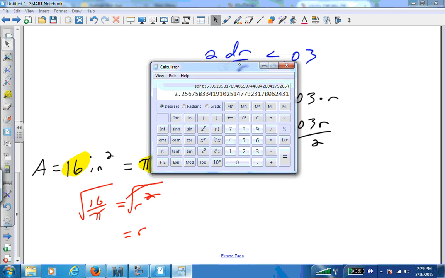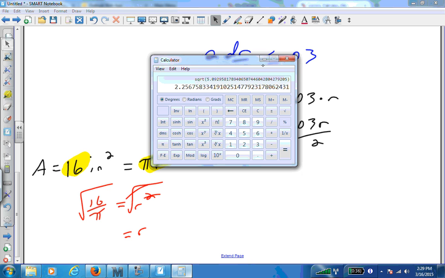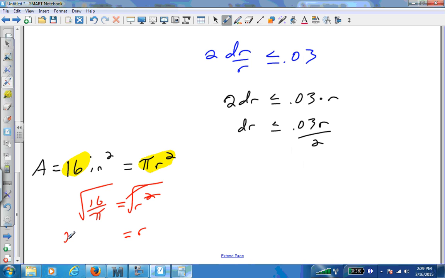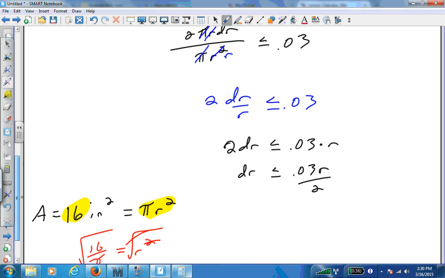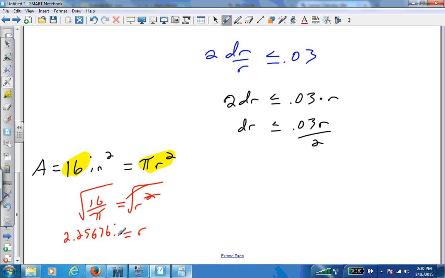and since we're going to a percent of 0.03, I'm just going to keep a bunch of decimals for now. Let's say 2.25676. And if area was in square inches, that would be in inches.